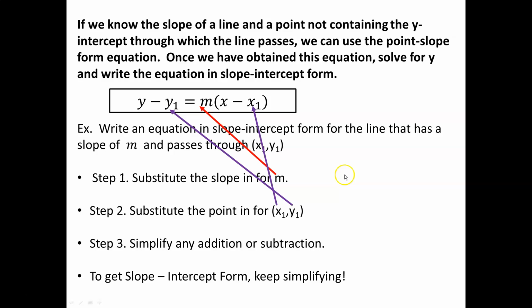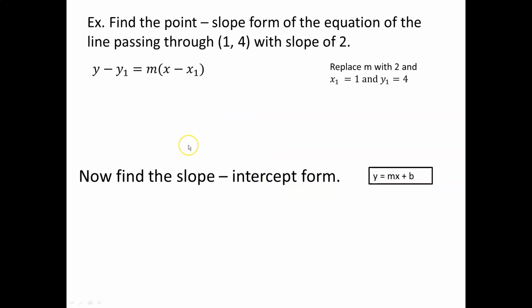So let's go for an example. Find the point-slope form of the equation of the line passing through 1, 4 with a slope of 2. 2 is the slope, so that goes where the m is. 1 is the x of our point, so that goes where the x1 is. 4 is the y of our point, so that comes on over here.